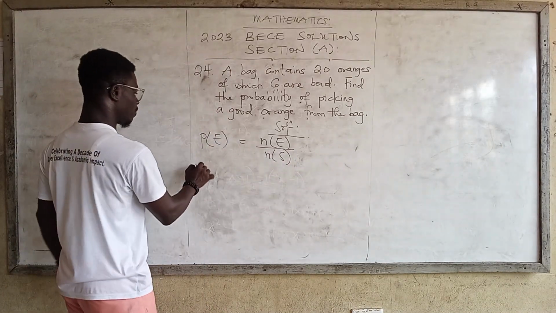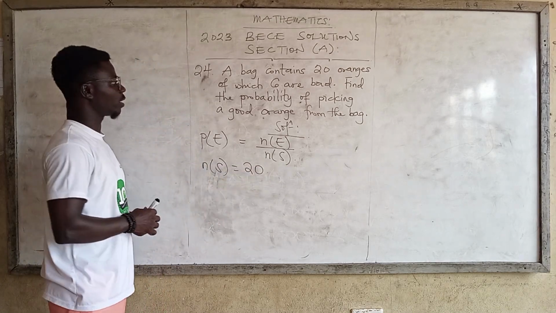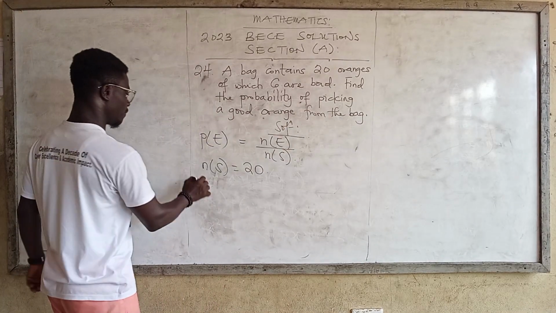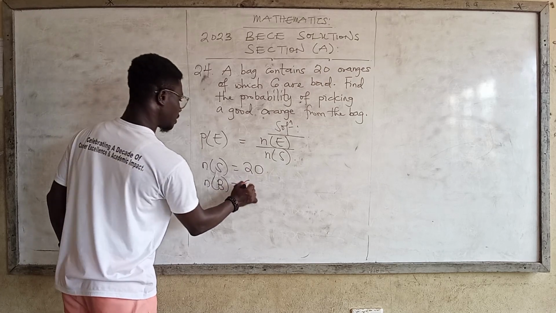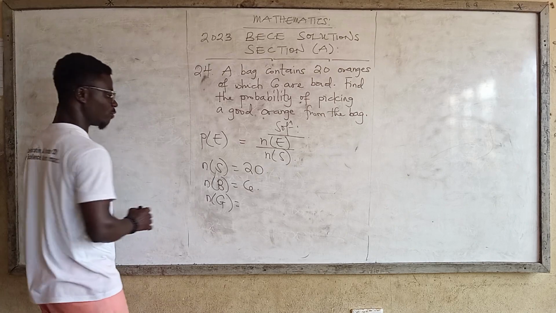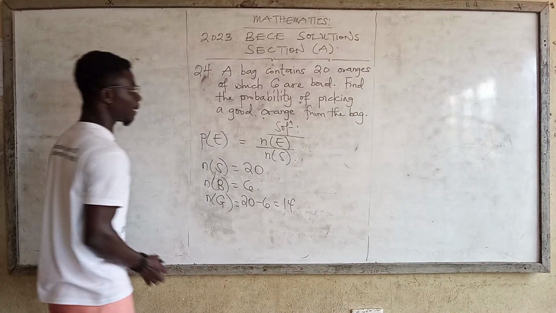So the number of sample space given here is 20 oranges. Now, of which 6 are bad. So the number of bad oranges, n of B, is 6. How do we find the number of good oranges, n of G? You get 20 minus 6, which is 14.